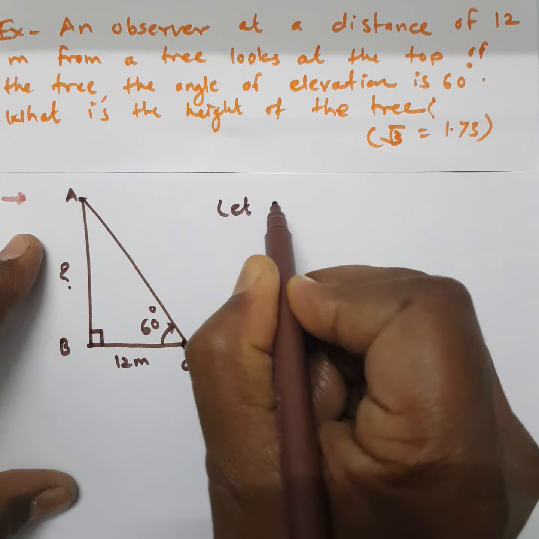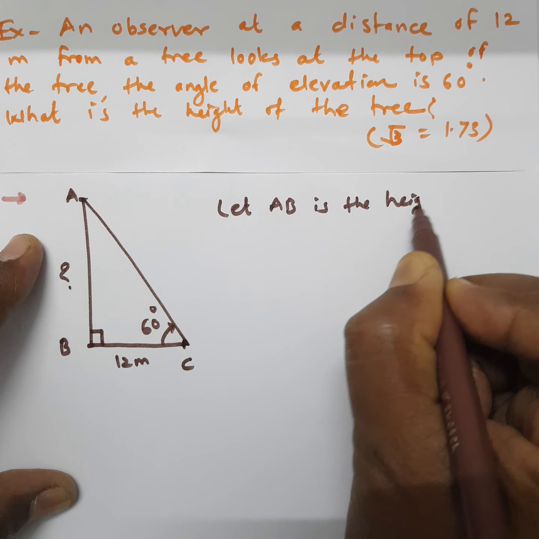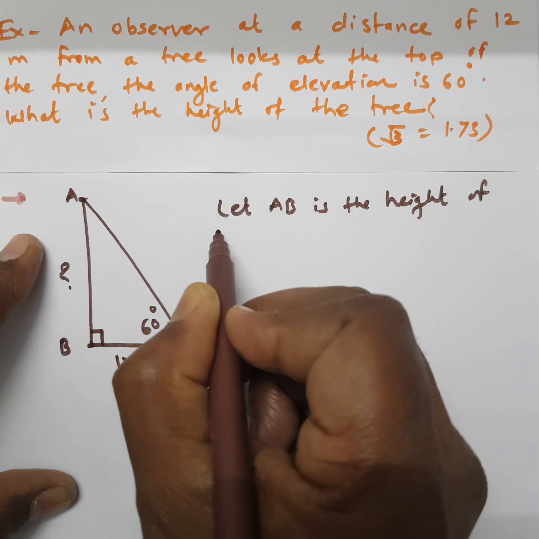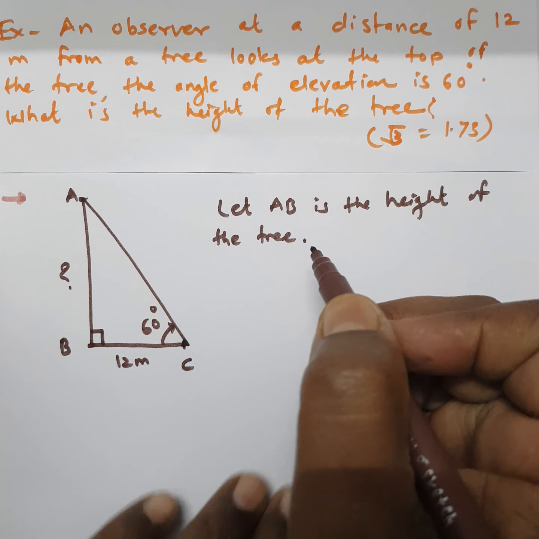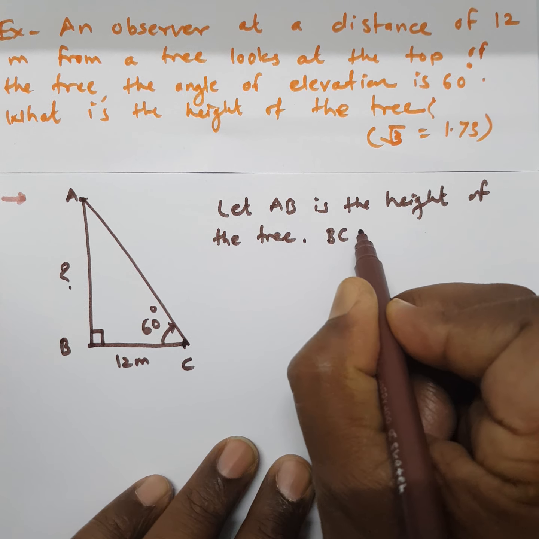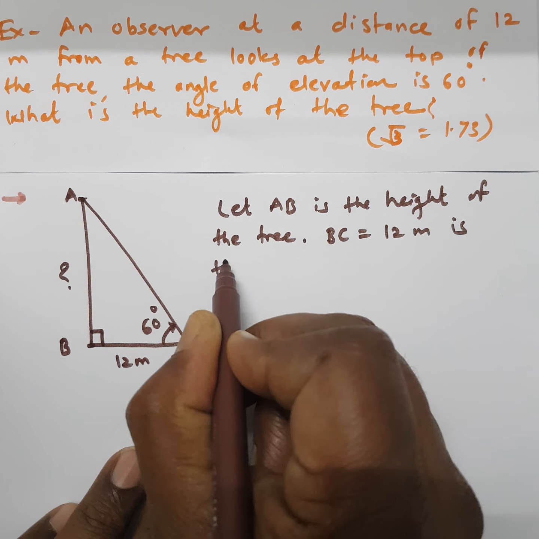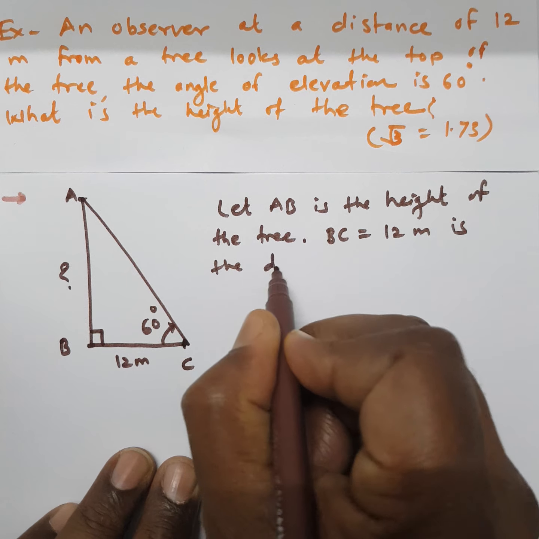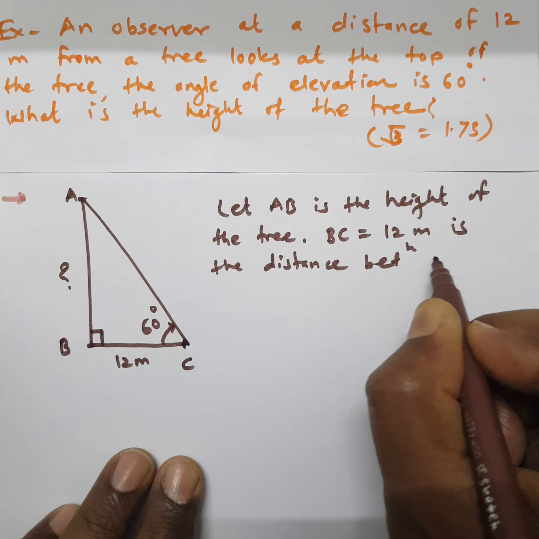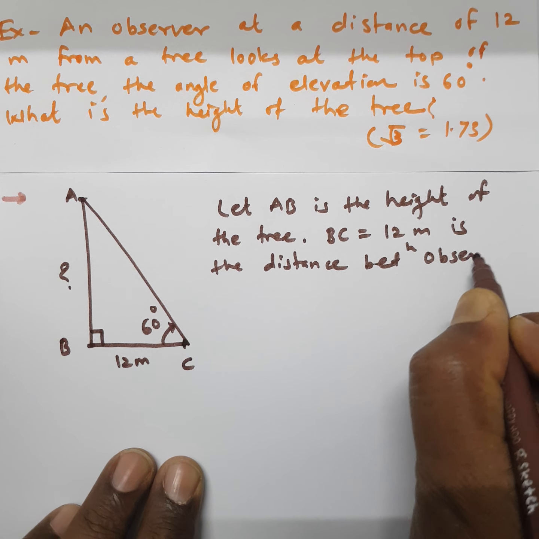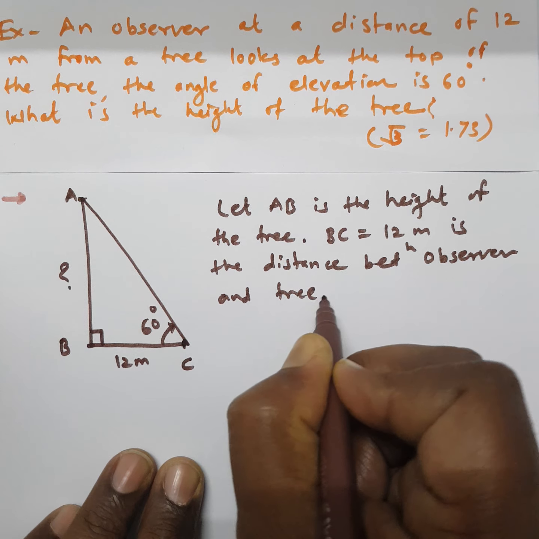Let AB is the height of the tree, BC is equal to 12 meter is the distance between the observer and the tree.